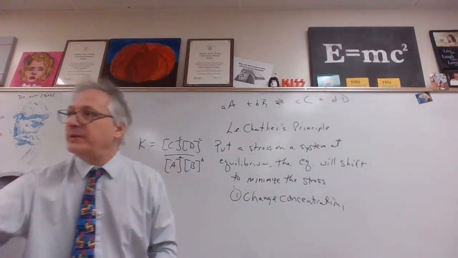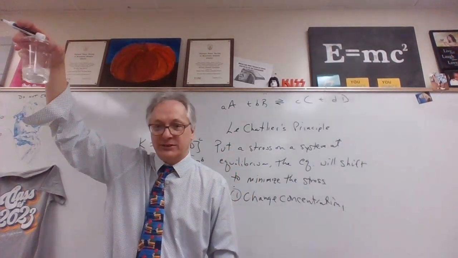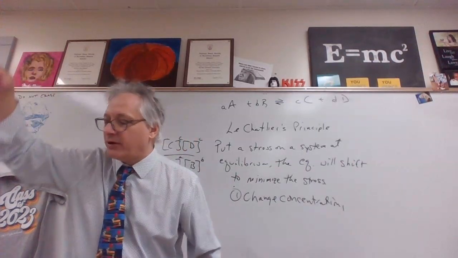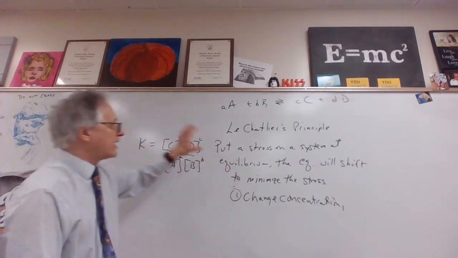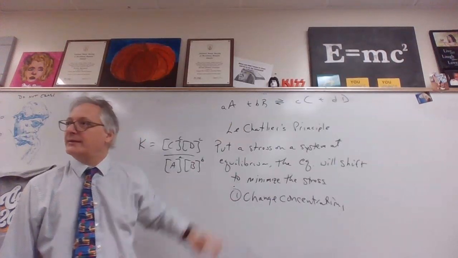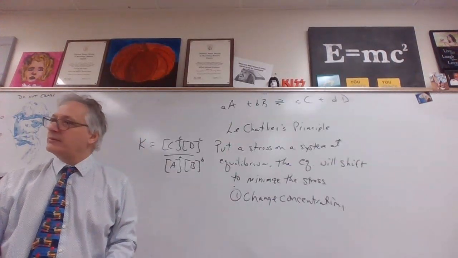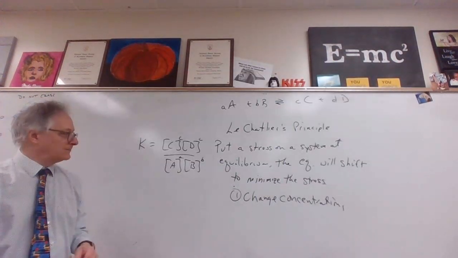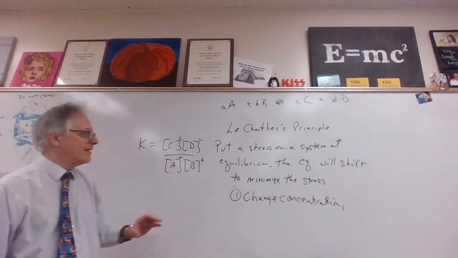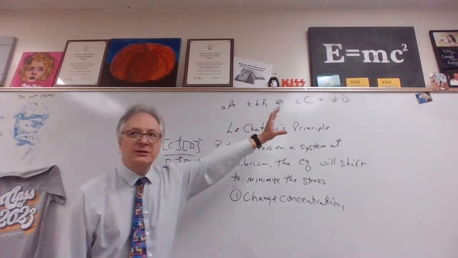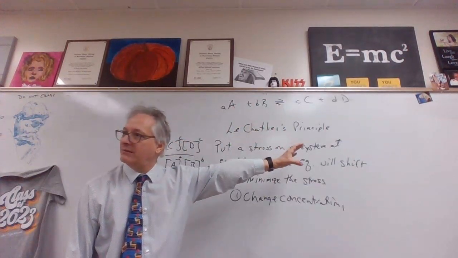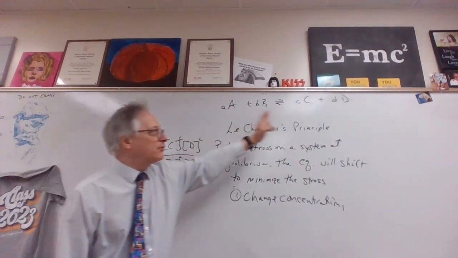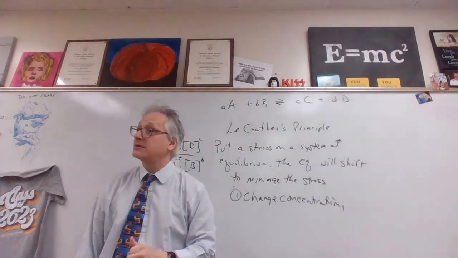I have this beaker right here, and well, this is not a beaker, but let's pretend I have a beaker here, and my system's at equilibrium, and I decide to put some more of chemical A in there. What do you think is going to happen? I put more A in there, it's going to push to get rid of that A. Right? It's going to move in the direction of forming more products.